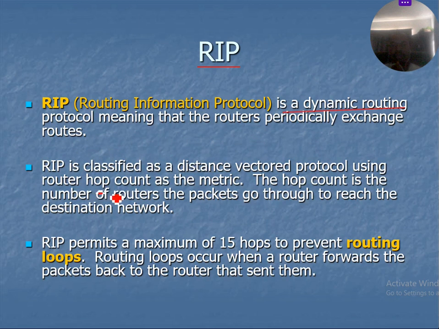We also said previously that Routing Information Protocol is classified as a distance vector routing protocol, and what it means is that a router uses what we call the hop count as the metric. For distance vector, a hop count is used as the metric.